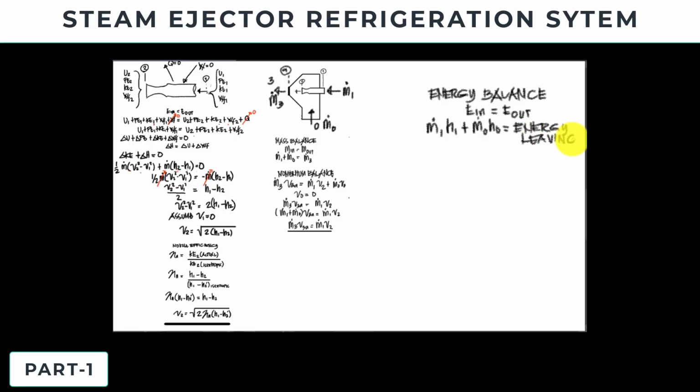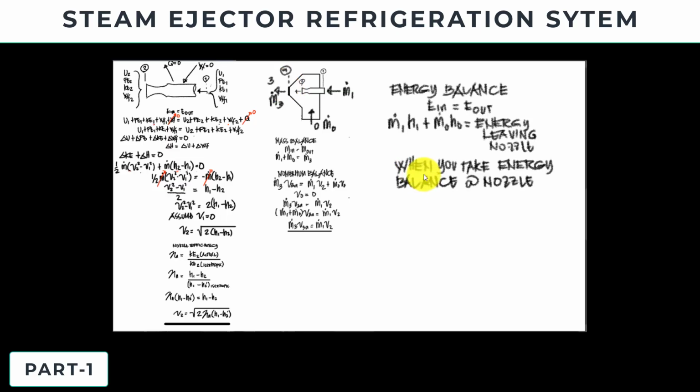When you take an energy balance on this nozzle, it is the same as before: the energy change is equal to the change in kinetic energy plus the change in enthalpy, which equals 0, and that will be the energy change leaving the nozzle.